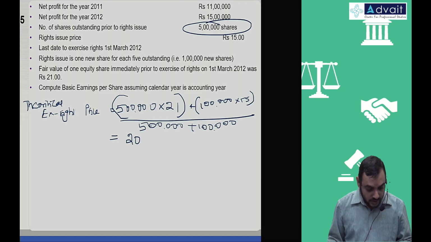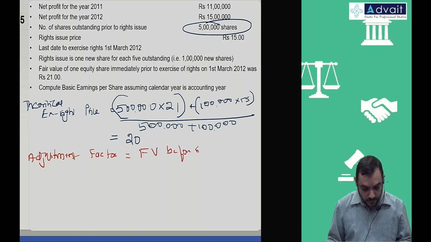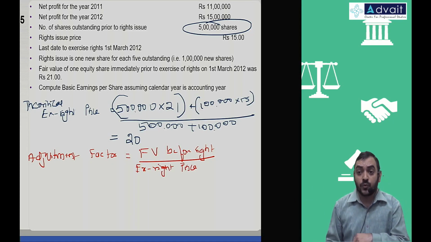Okay, theoretical ex-rights price. Now we'll come to the adjustment factor. The adjustment factor is the fair value before the right divided by this theoretical ex-rights price. Basically before by after. What was the number before and what is the number after?